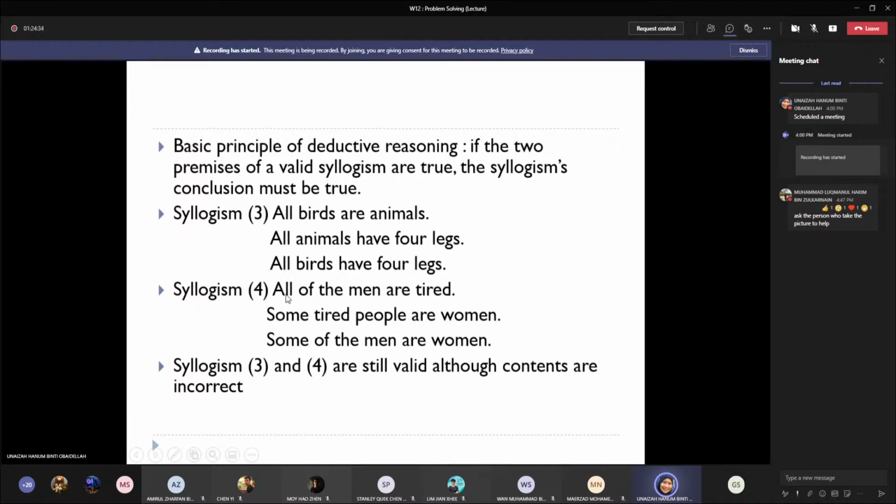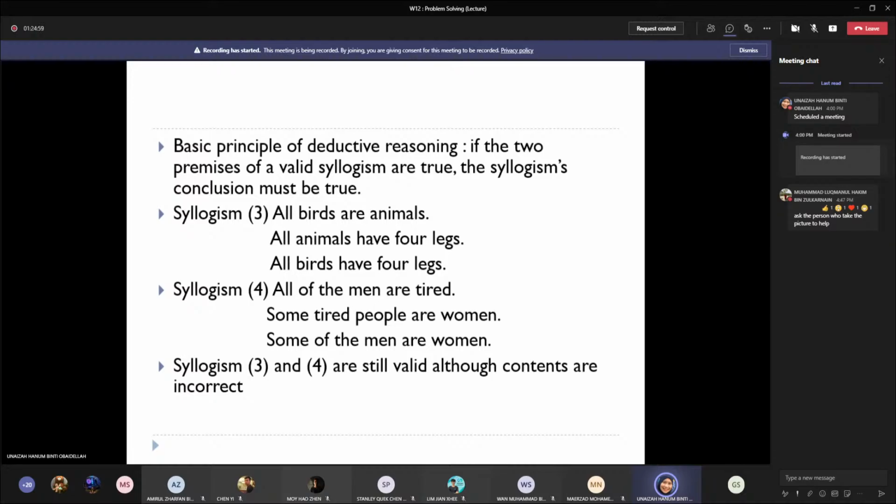And then if you see, all of the men are tired, some tired people are women, some of the men are women. It sounds a bit confusing over here. So even though you use deductive reasoning, there'll be some issues with this combination of premises and conclusion that can be quite misleading, right?